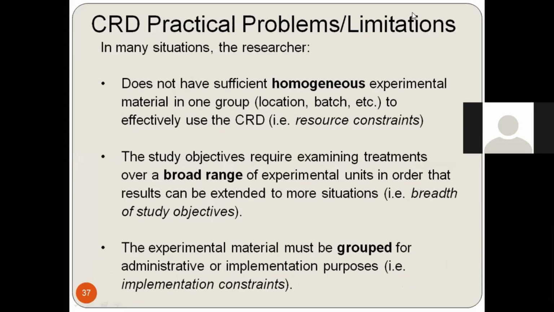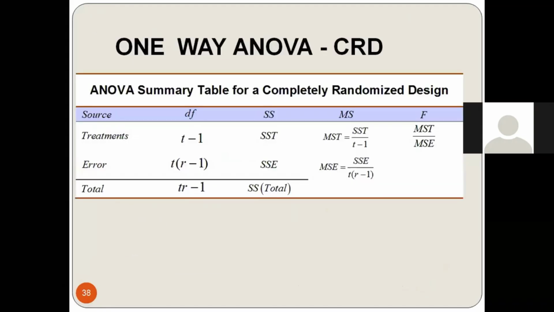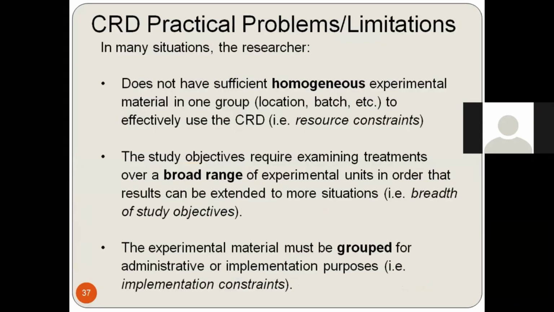Some of the limitations of CRD. In many situations, the researchers do not have sufficiently homogeneous experimental material. So that is one of the biggest problems. Finding homogeneous experimental material is a real challenge.